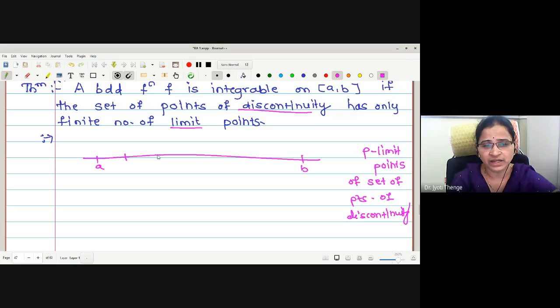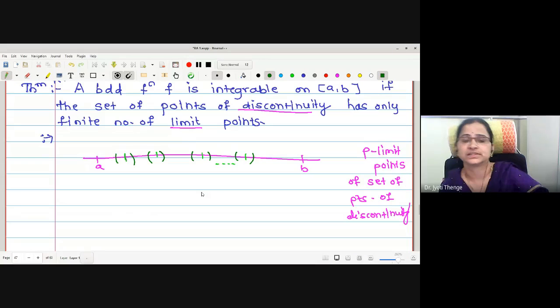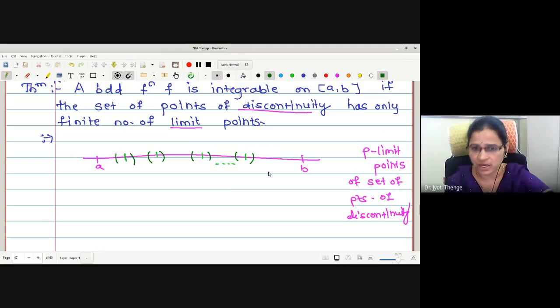Therefore, if I take the p limit points like this, these are my p limit points, say. Same process we are going to follow: we will cover the limit points in subintervals. If I take p limit points, there are 2p points and 2p plus 1 subintervals.